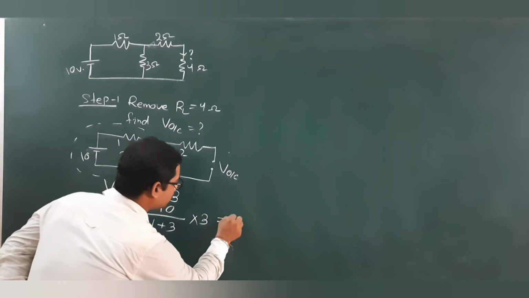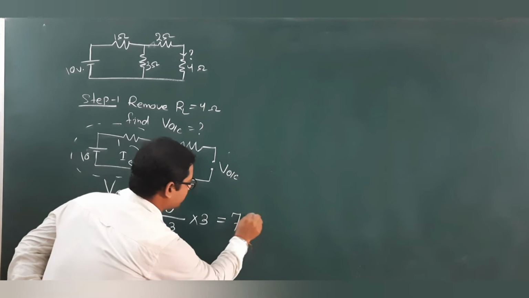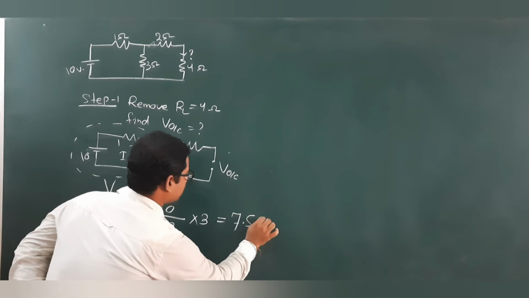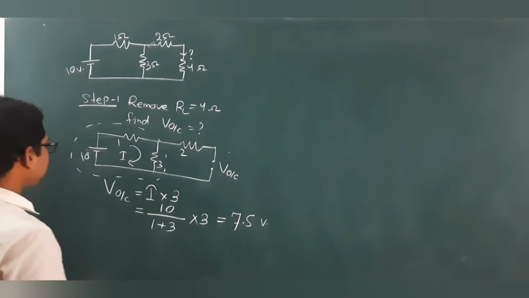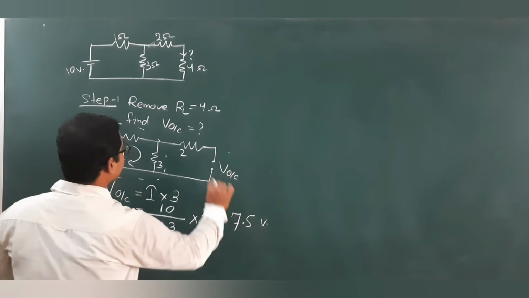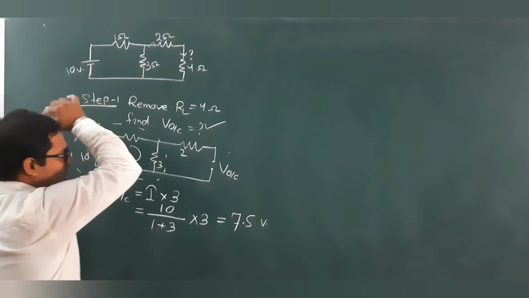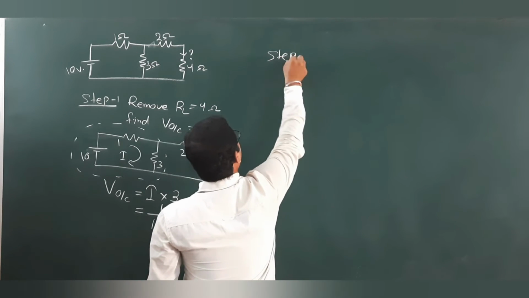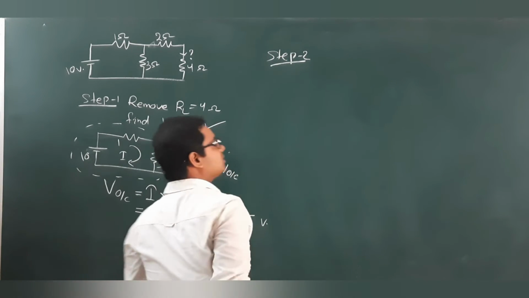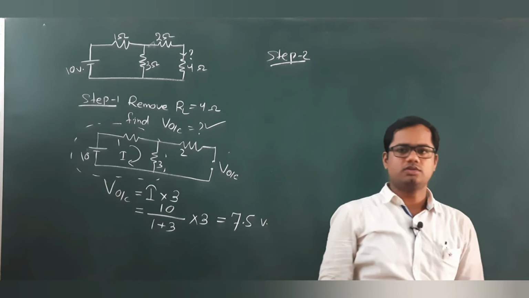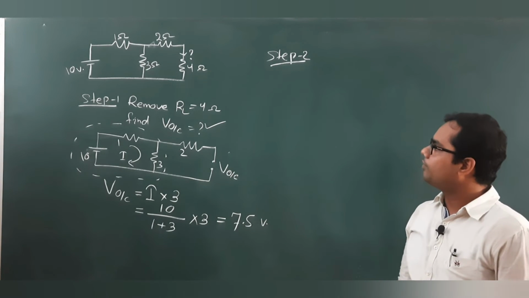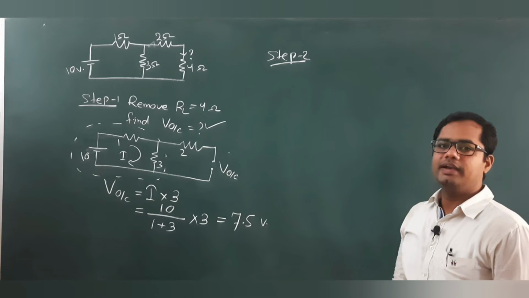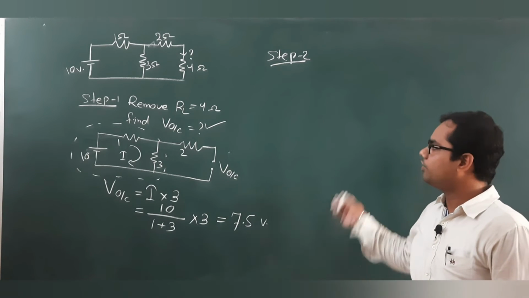So this is 7.5 volt. So VOC is found, completed. Now step number 2. In step number 2, as per the theorem, we have to find out your equivalent resistance to draw your equivalent circuit.